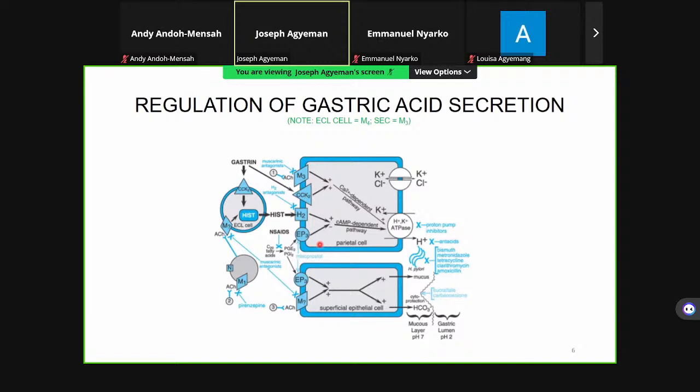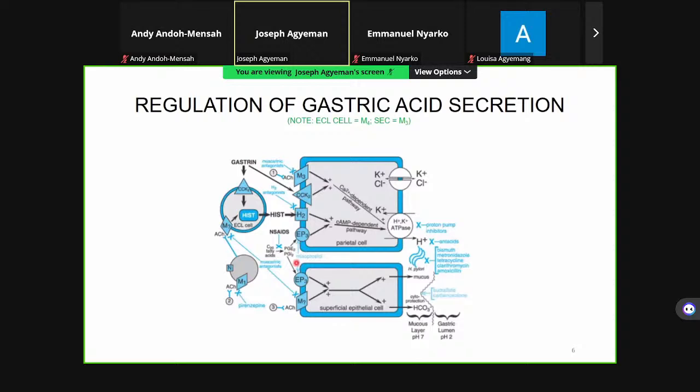So arachidonic acid is metabolized, and one of the end products will be prostaglandins. You know that prostaglandins are involved in inflammation, a bad thing that normally people think about. But inflammation itself is not actually a bad thing. It's a protective mechanism. Just that excessive stimulation of this pathway will give you problems.